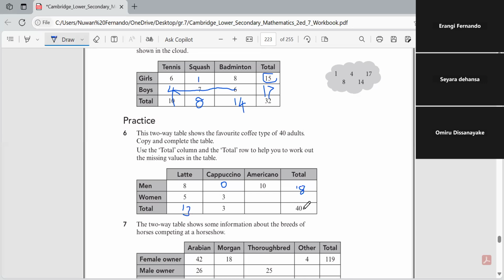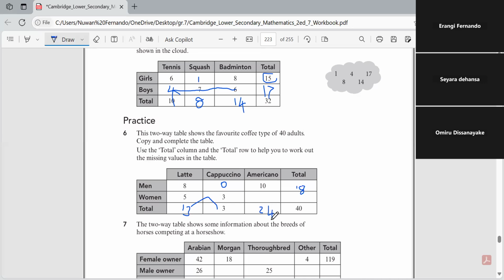So how to get the total? From 40, when you add these two numbers, 13 and 3, it's 26. Or from 40, when you subtract 26, what should be the number? 24. Right. So now we can get the Americano women.